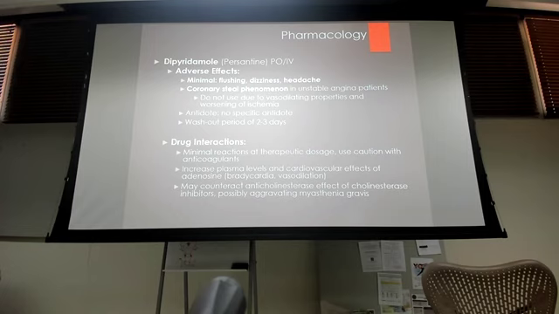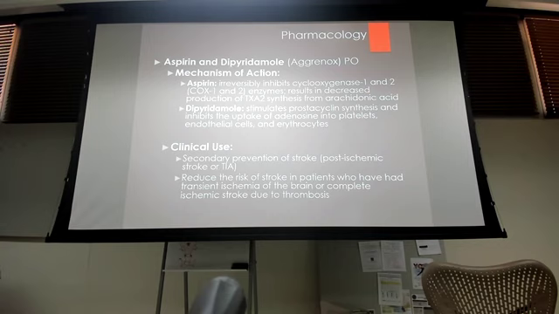So basically, Aggrenox is what you're going to see, the brand name, aspirin and dipyridamole. It's not the same as taking these two medications separately. You're going to see it in a combo pill for its activity. And that's because it's the extended release version of the dipyridamole versus the fast-acting IV version of the med.